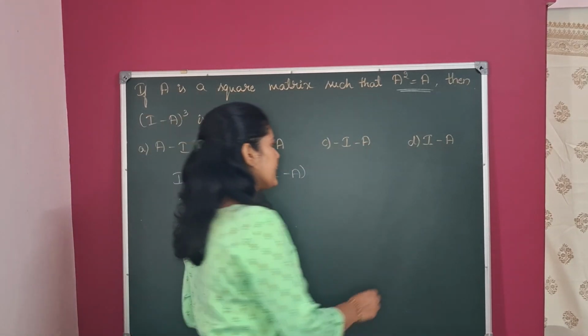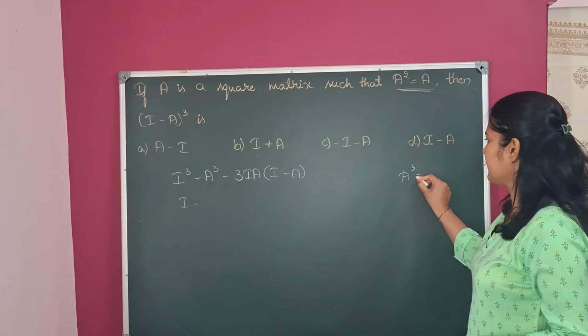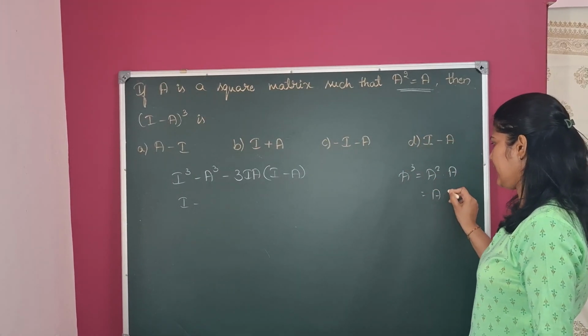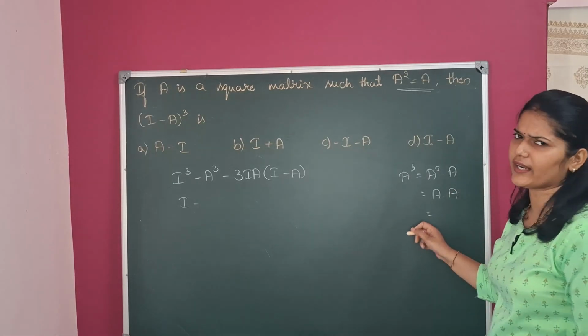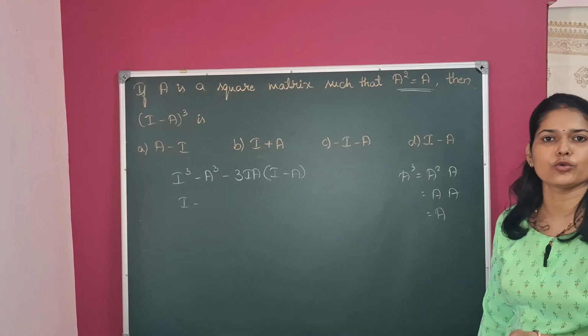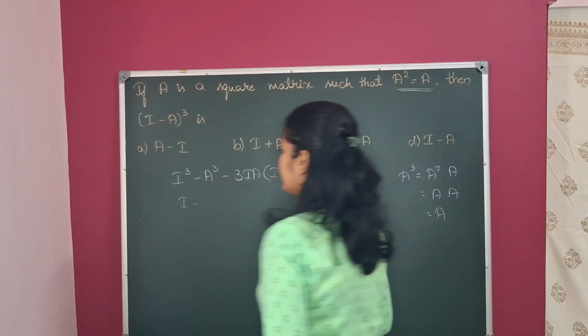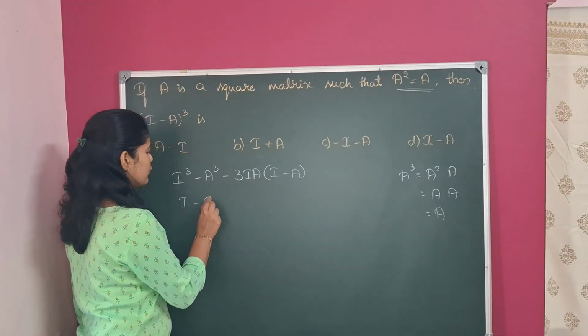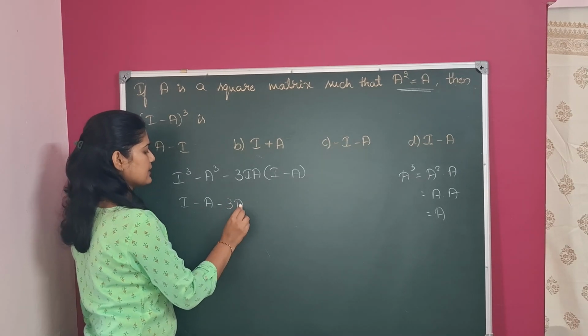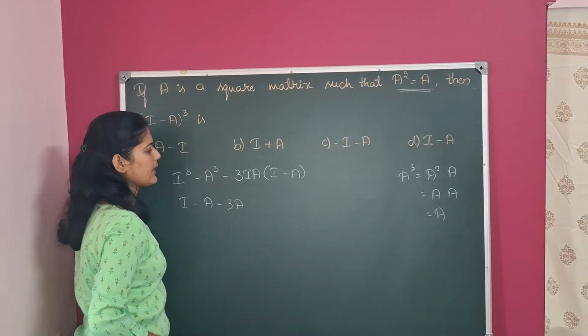That means A cube is nothing but A square into A, which is nothing but A into A. That is A square again, and A square means again A. Therefore A cube value is also A. Therefore in place of A cube we can write A. Minus 3IA means 3A into (I minus A).